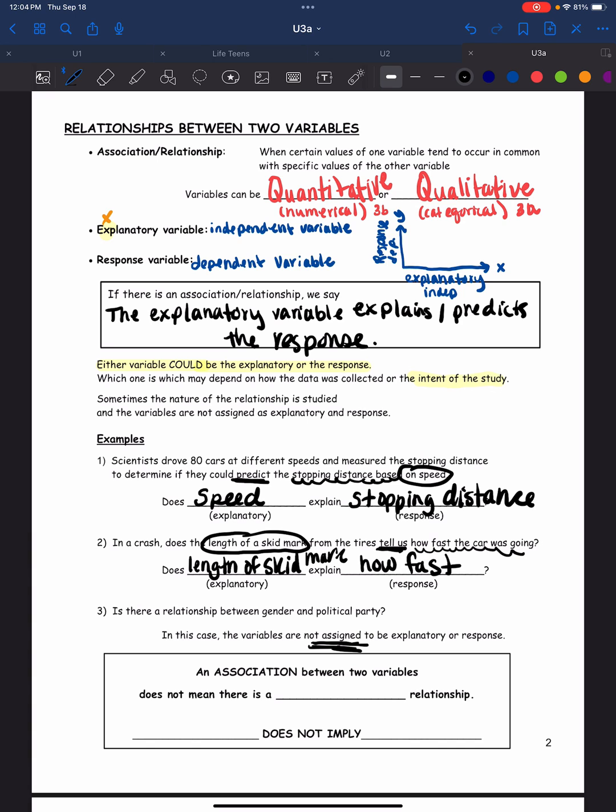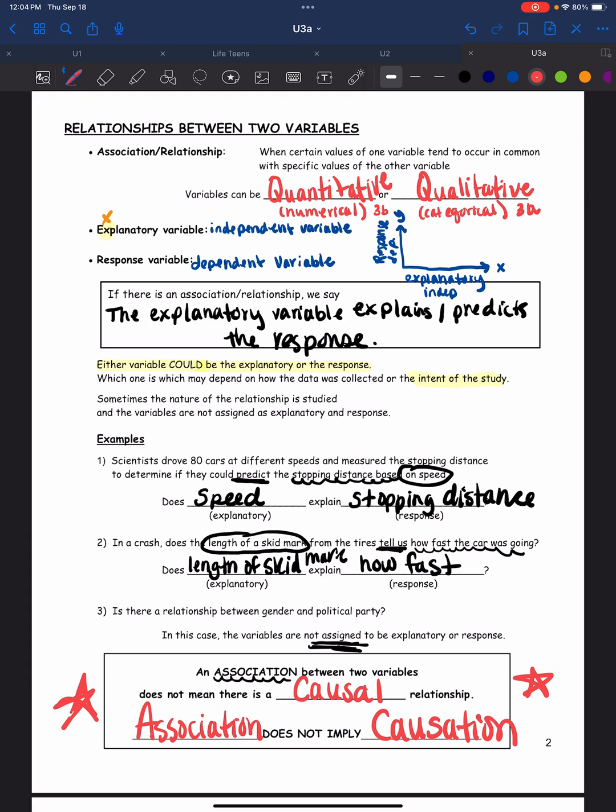All right, but here's an important thing for this unit to keep track of, because we will come back to this with experiments later. Just because there is a relationship or an association between two variables does not mean that there is a causal relationship. So association does not imply causation. I'm sure if you've taken a psychology class, you've heard this, and it is very important.